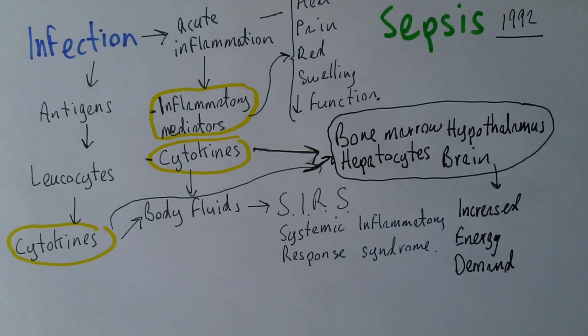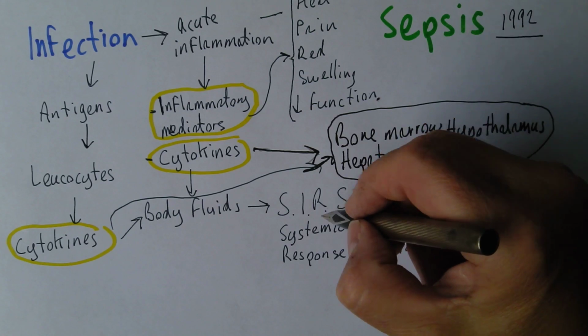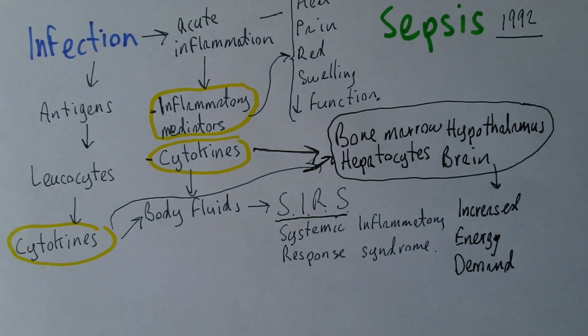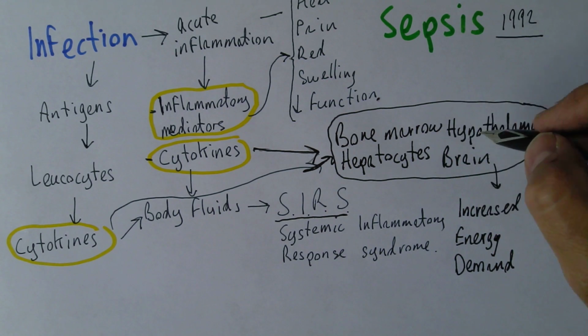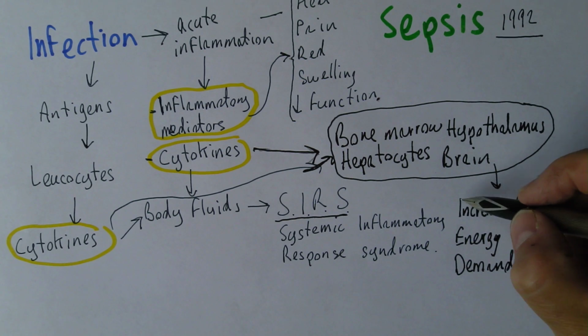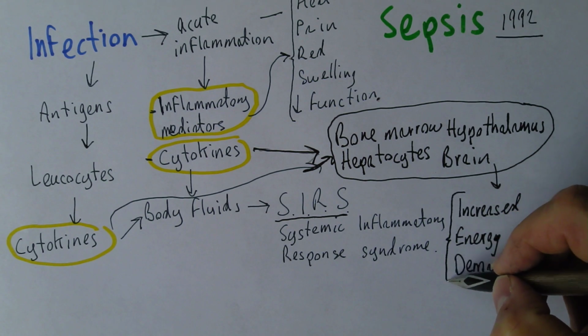So some of the clinical features of the systemic inflammatory response syndrome are going to be caused by the effect of the cytokines on the bone marrow, hypothalamus, hepatocytes and brain. And others are going to be generated by this increased energy demand that the body has.